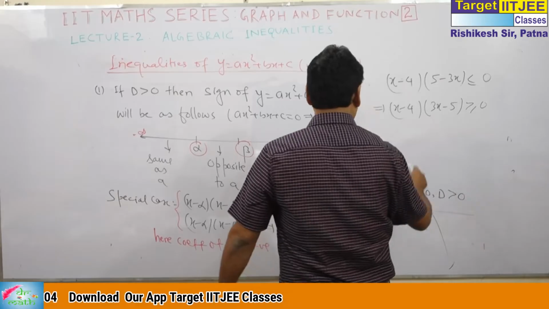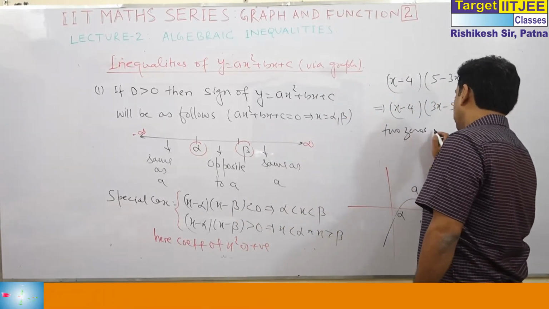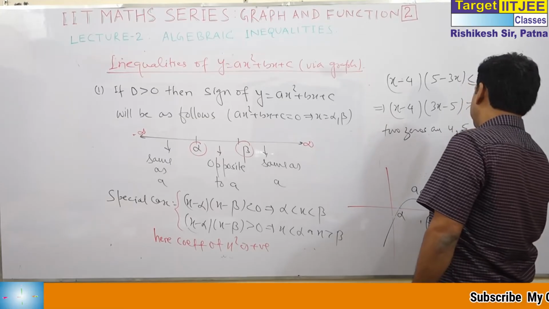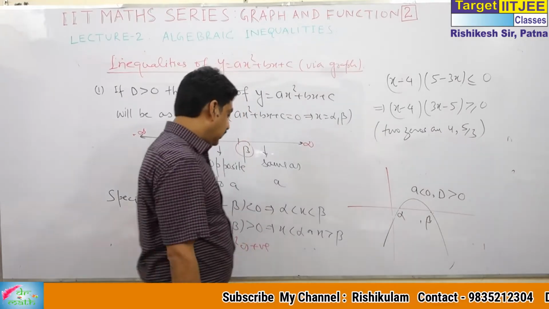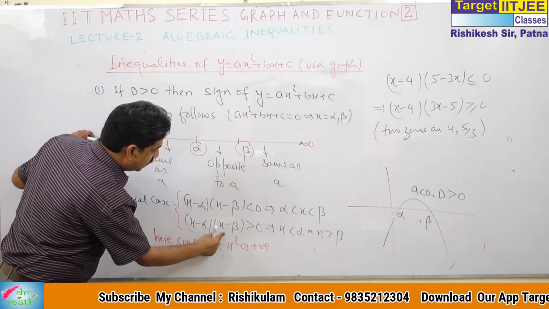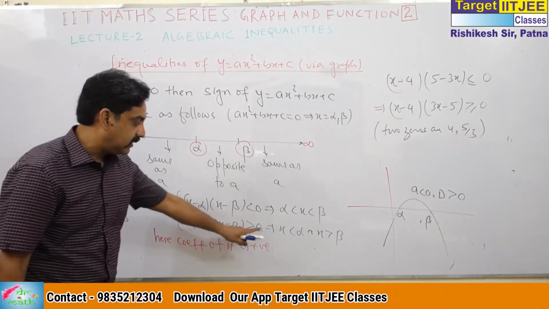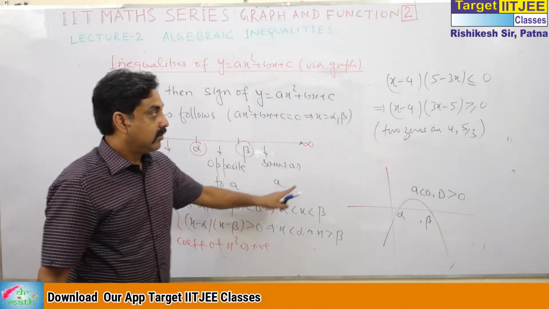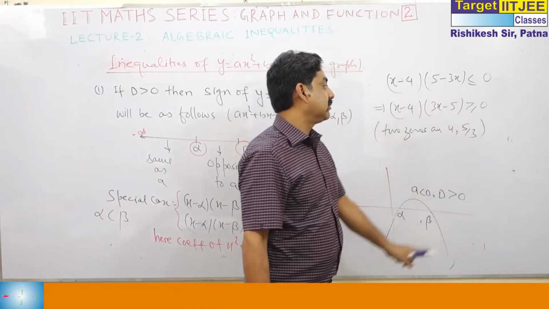From here you can say there are two zeros. Two zeros are 4 and 5 by 3. This zero is 4, this zero is 5 by 3, and this result will be used. In this result, I have written alpha less than beta. This result is greater than 0. Original question is less than 0, but the coefficient of x square is negative.